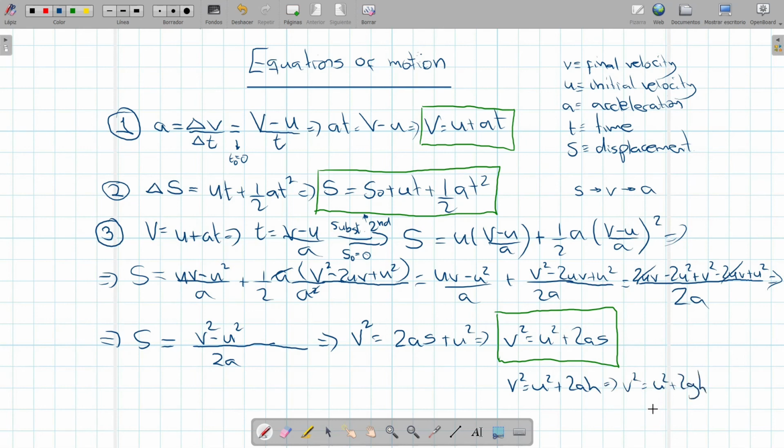In those cases, you have that. And sometimes the initial speed is 0, so sometimes you get this formula, which is a free fall formula. But the general way is that one. And as I said, it is very useful because it does not depend on t.